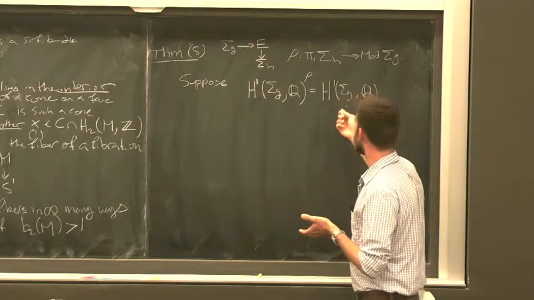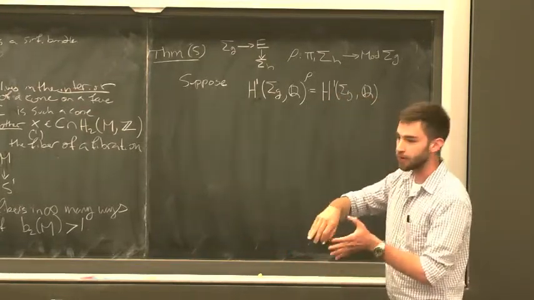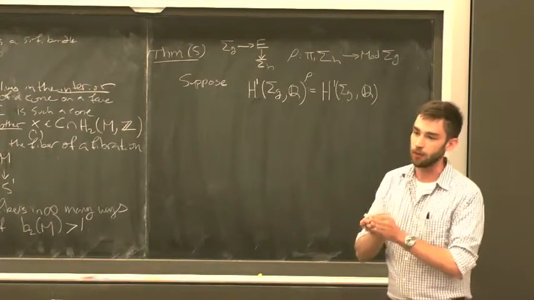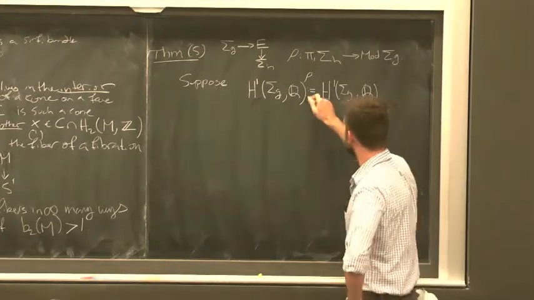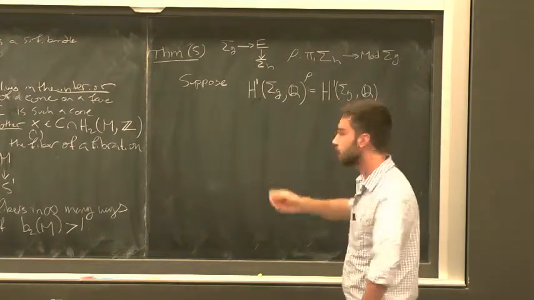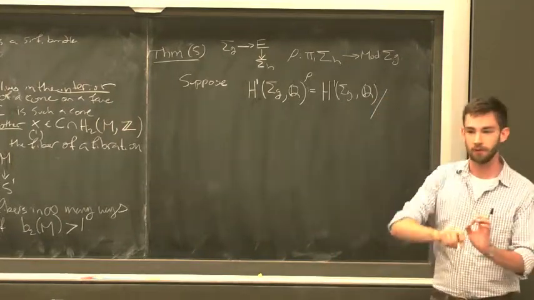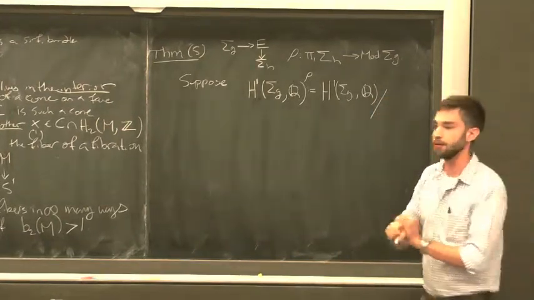So what's happening here is I have this action of transporting the fiber around the loop, and I ask, how does this change my cohomology? So the coinvariant cohomology here is: I take the cohomology of the fiber, and then I identify classes if I get one from the other by transporting around the loop.